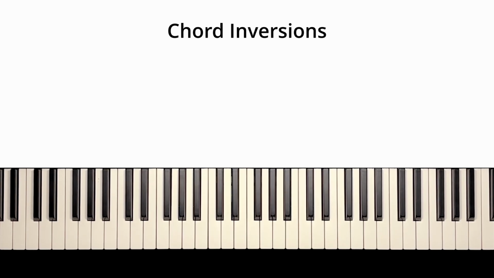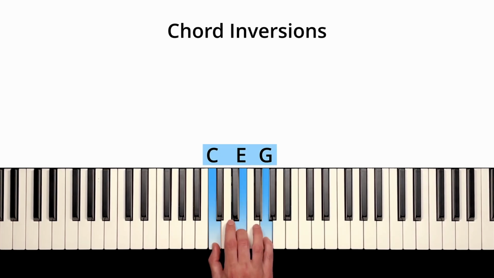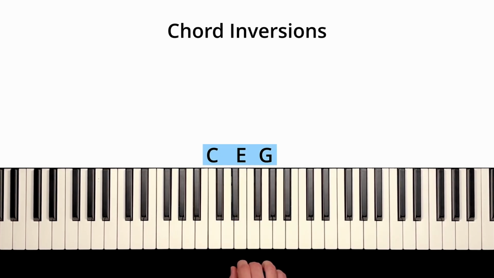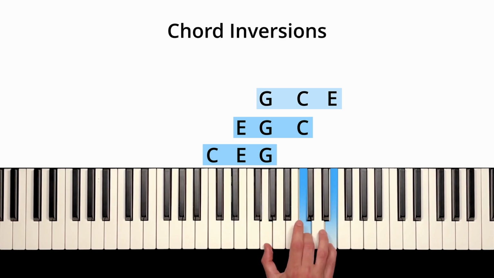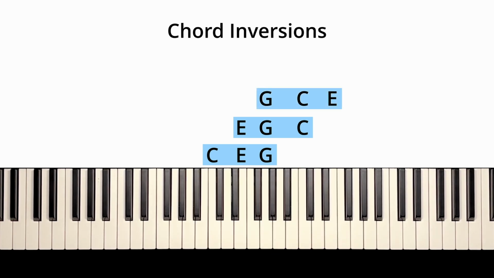For example, we learned that a C major chord contains C, E, and G. Now we can rearrange these notes so that our chord begins with E or with G. These are still C major chords because they contain the same 3 notes, but only the first one begins with C. So whenever you're trying to identify a chord by its root note, just keep in mind that this only works if the chord is in its root position.